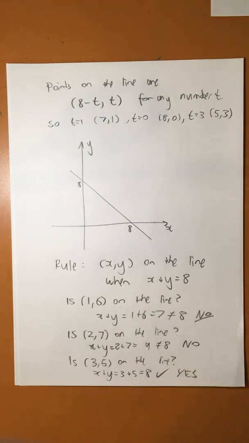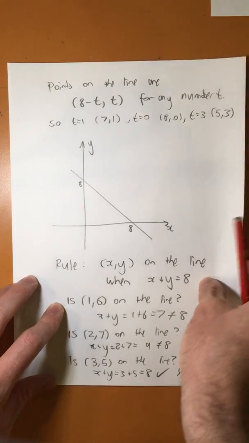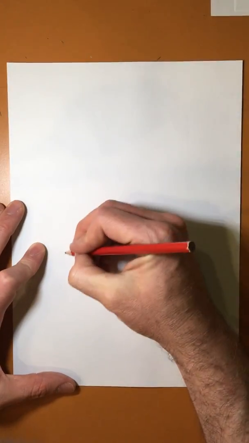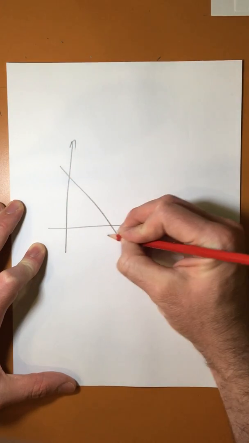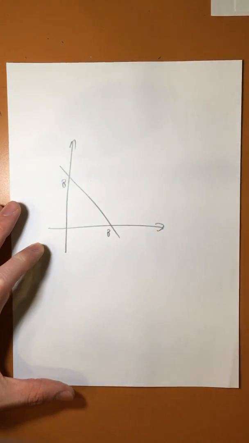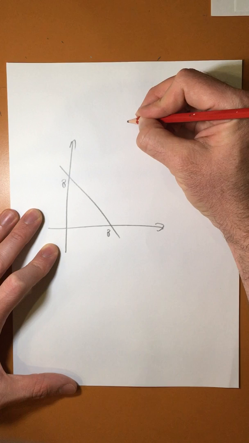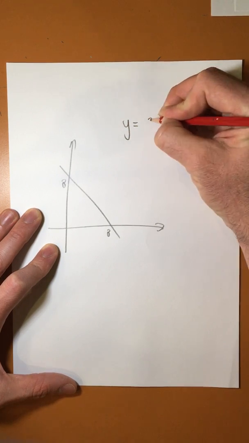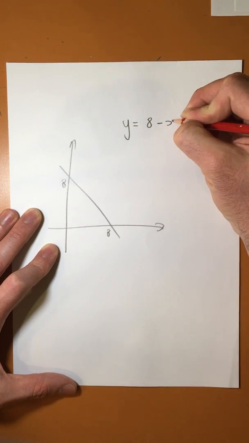And that equation that relates it can do both of these tricks simultaneously. I can go, well, if I know what the correct x is, then the y has to be 8 minus x.